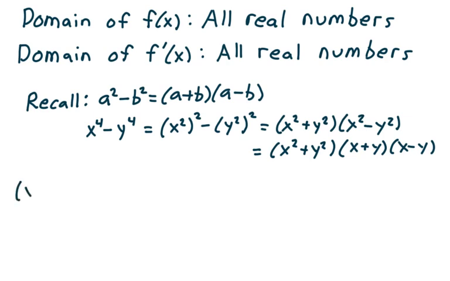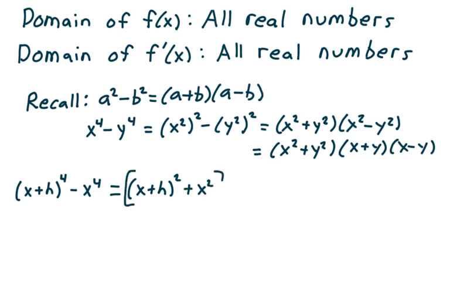So, in other words, when I have x plus h to the fourth minus x to the fourth, if it's too much to expand x plus h to the fourth, we can factor this difference. We can factor this into x plus h squared plus x squared times the quantity x plus h squared minus x squared, right?